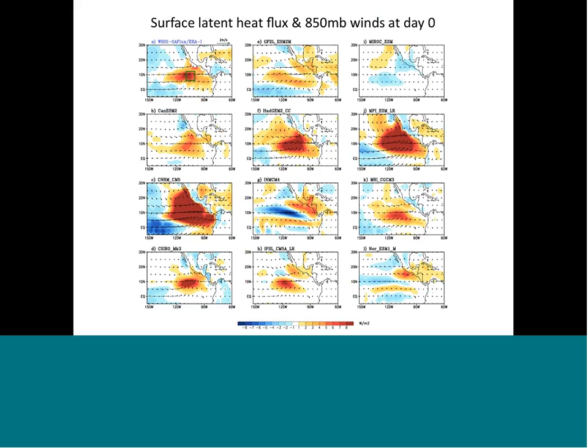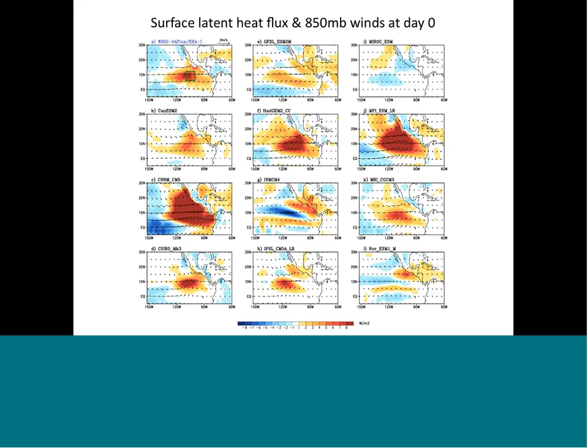So this slide shows the anomalous surface latent heat flux pattern, which is shaded, where red means enhanced surface latent heat flux and blue is reduced, along with the anomalous winds at 850 millibar, based on the observation and the different models.